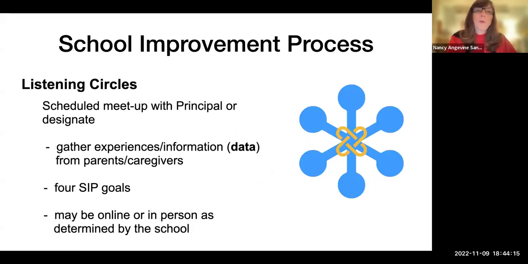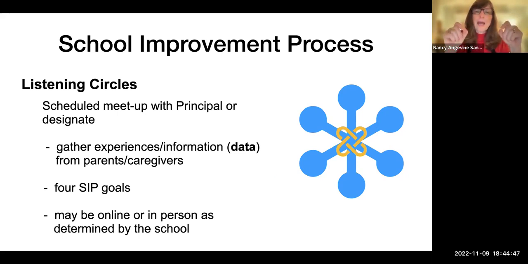So let's begin with listening circles. Listening circles will be a scheduled meetup with the principal or his or her designate. The reason behind it would be to gather interested parents together, either in person in the school, or it can be done very easily online as well, to gather the experiences or information from parents and caregivers.